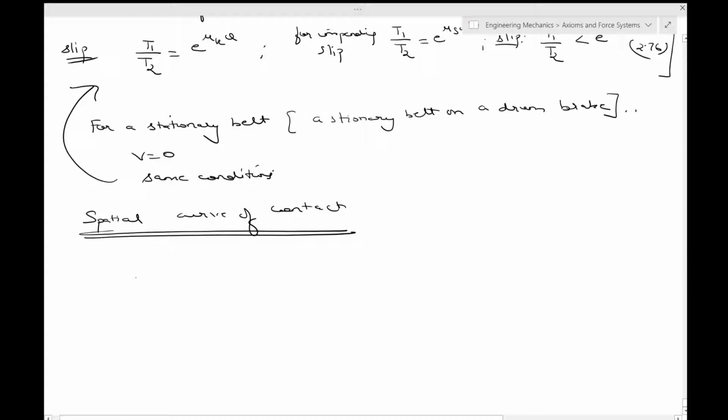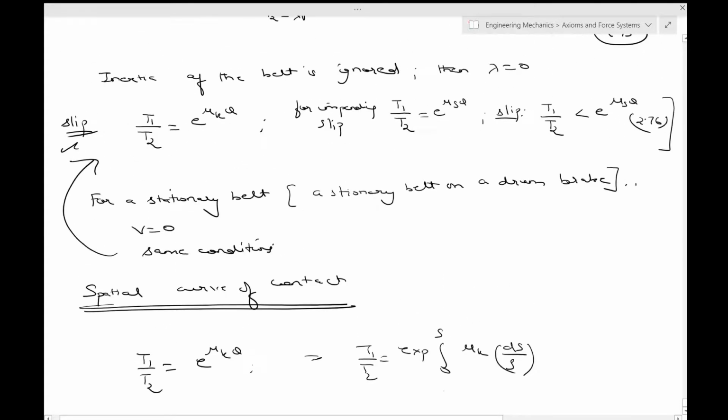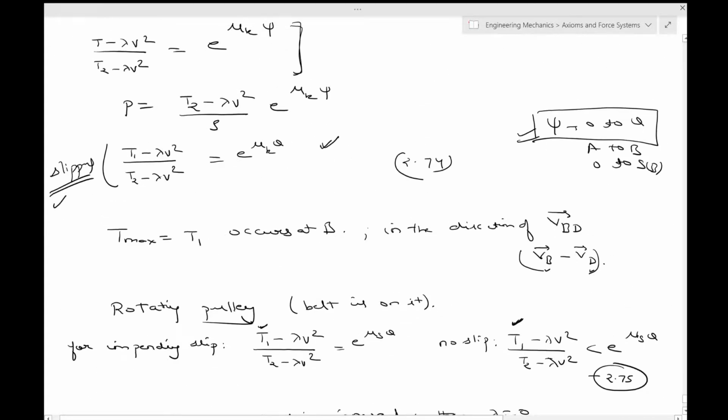So this T1 by T2 over here, e to the power of mu k theta, must now be replaced by T1 by T2 equal to exponential of the integral from 0 to s of mu k ds by rho. You had already made this assumption over here, if you remember.